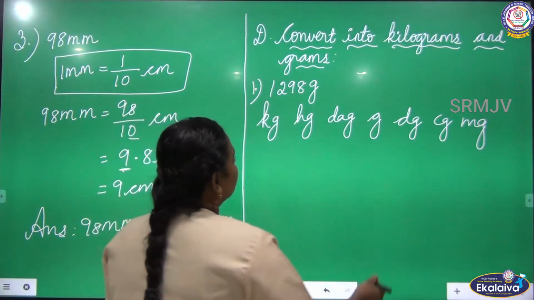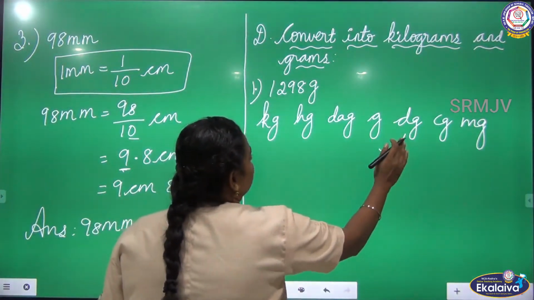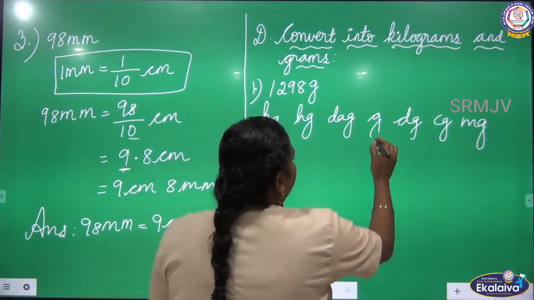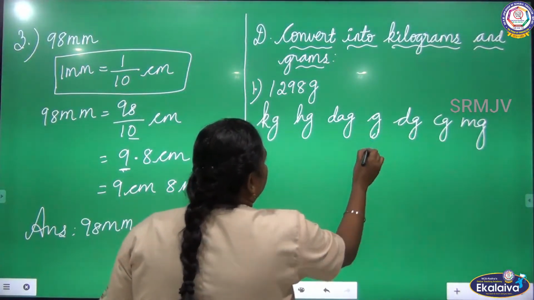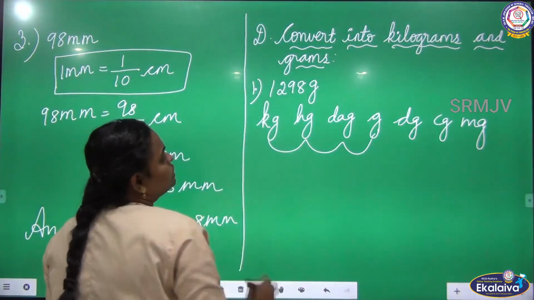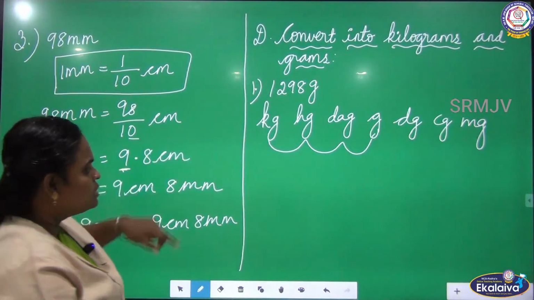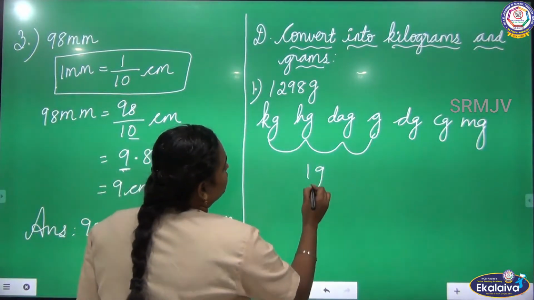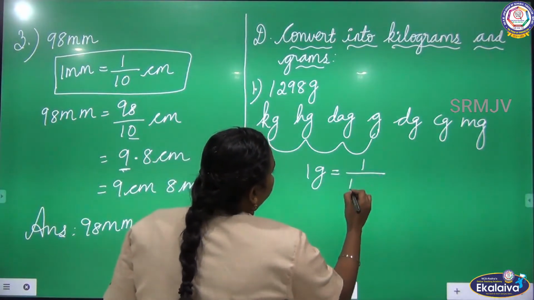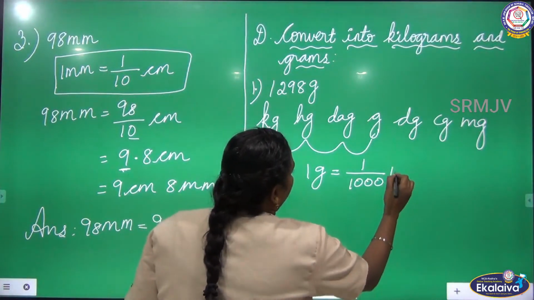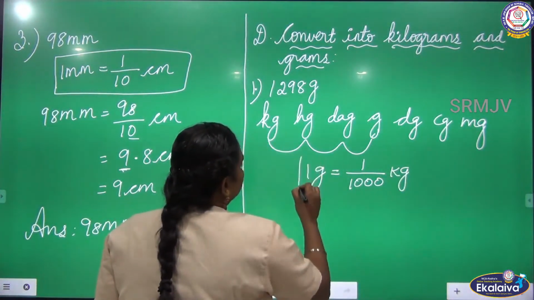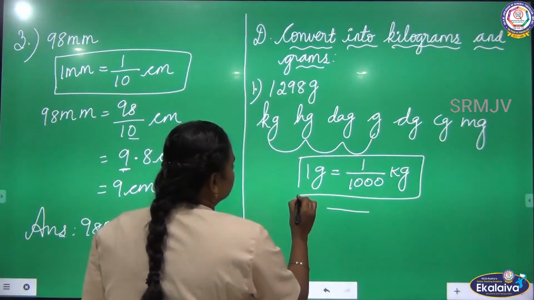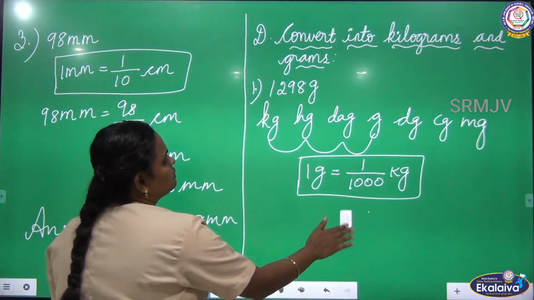So listen, gram into kilogram, how many times? 3 times. So 1 gram equal to how many kilograms? 1 by 1000 kilogram.